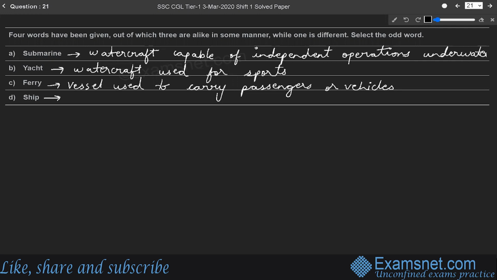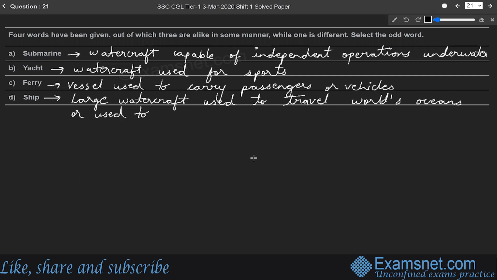We know that a ship is a large watercraft that is used to travel the world's oceans. And this is also used to carry loads or passengers.